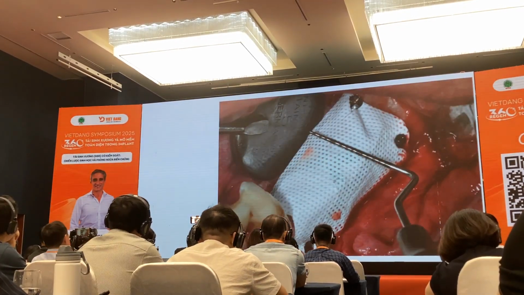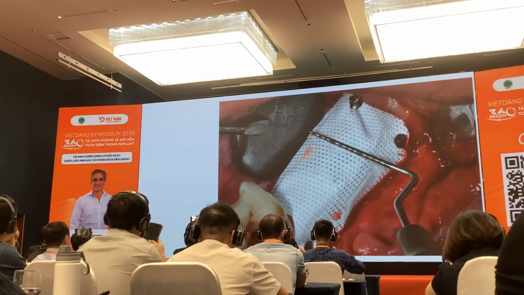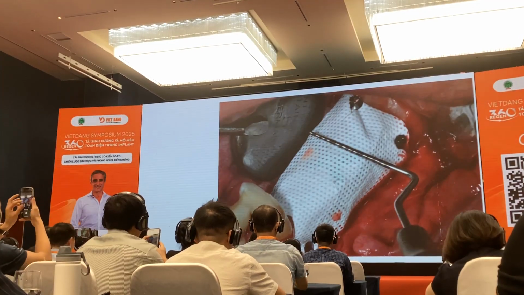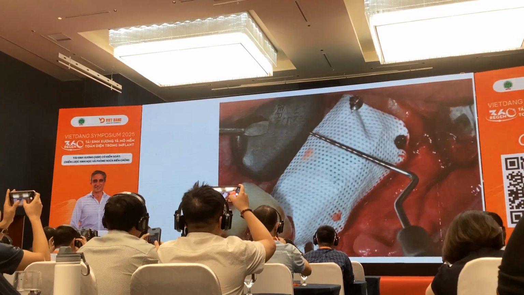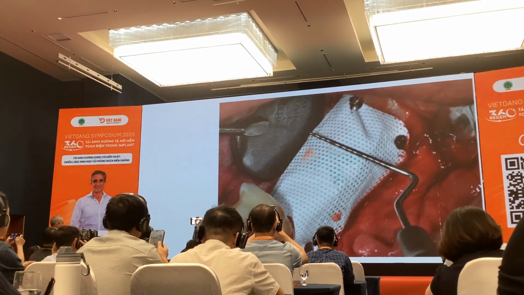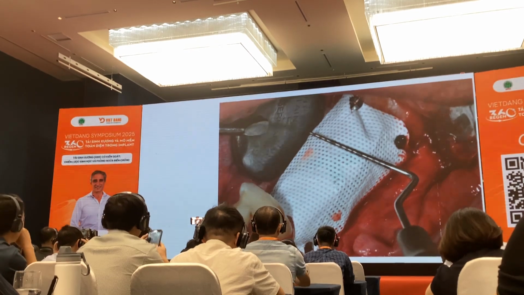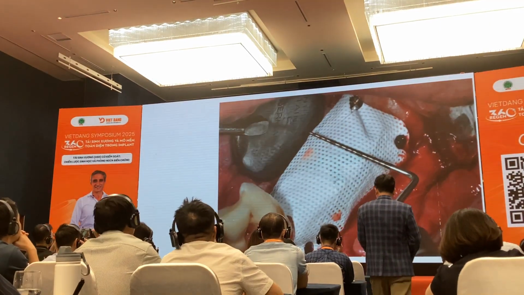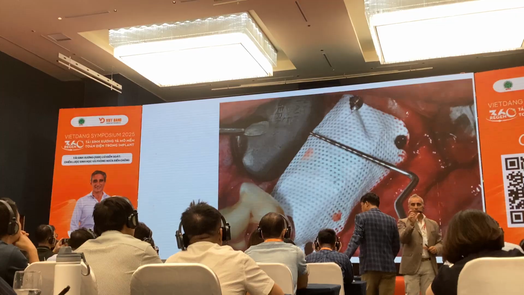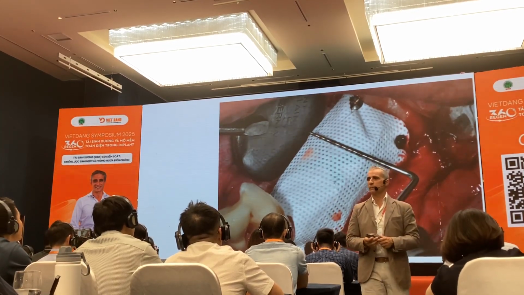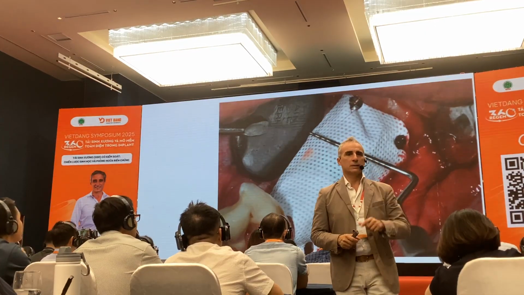Then, after the grafting of the biomaterial, we close the membrane on the top of the biomaterial, and we fix the membrane also on the buccal side. And you can see an interesting detail of the GBR, the dimension of the width of the bone regeneration, 12 millimeters.